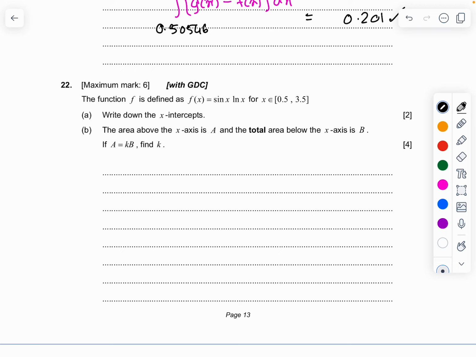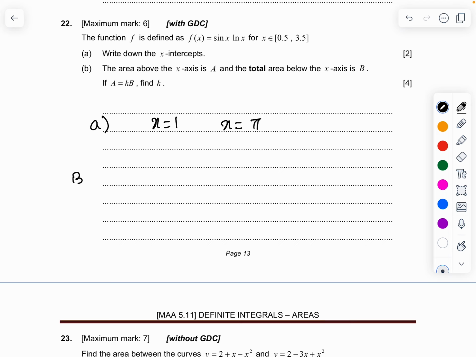So b equals to integral 0.52 to 1 sin x ln x dx plus pi to 3.5, or 0 to 1, not pi, 0 to 1.